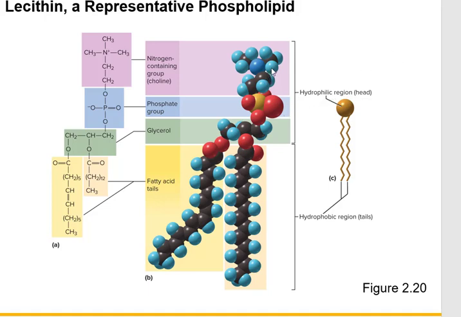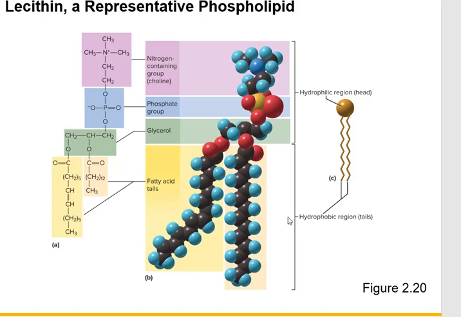This is a space-filling model of lecithin. Here's your 3 carbons, so that's your half of a sugar. And here's one of the fatty acids hanging off here. Here's another fatty acid hanging off. And they've replaced the 3rd fatty acid with this nitrogen-containing group right here.